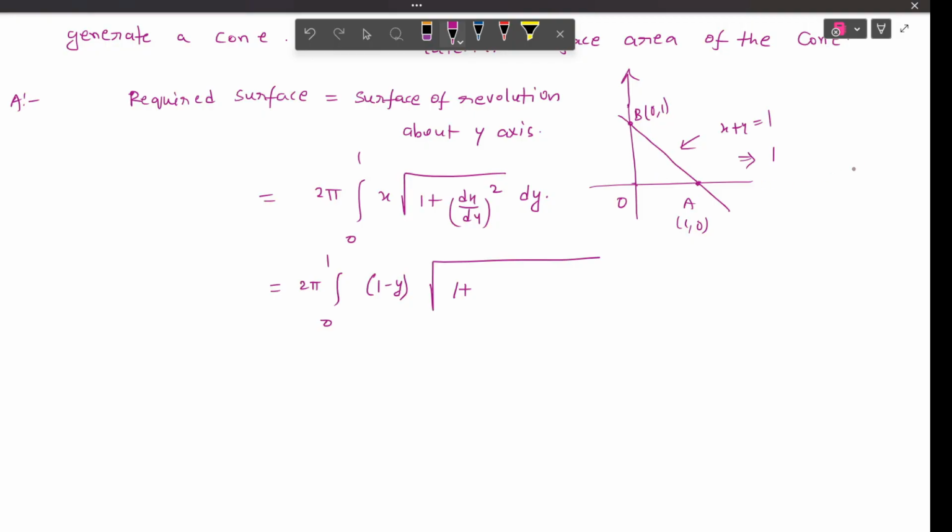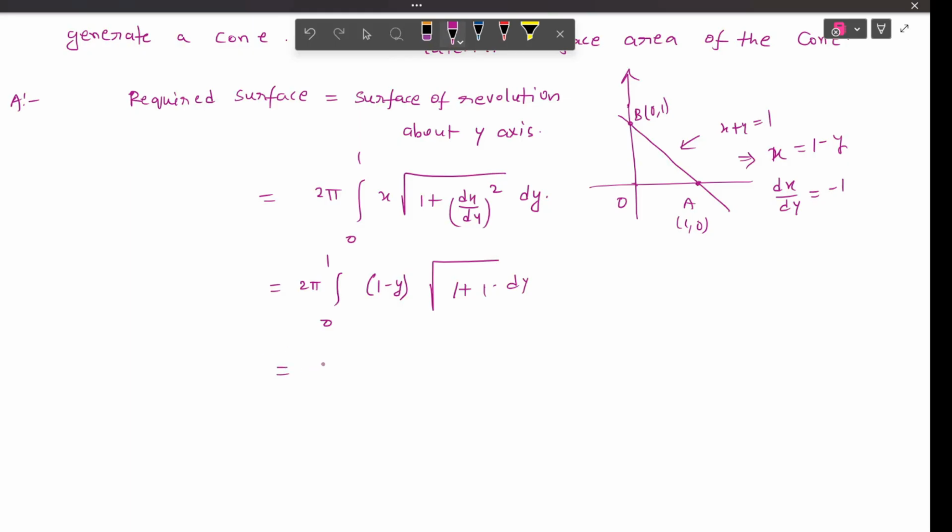So x is 1 minus y, so dx by dy would be 0 minus 1, so minus 1. And minus 1 square is plus 1. Into dy.